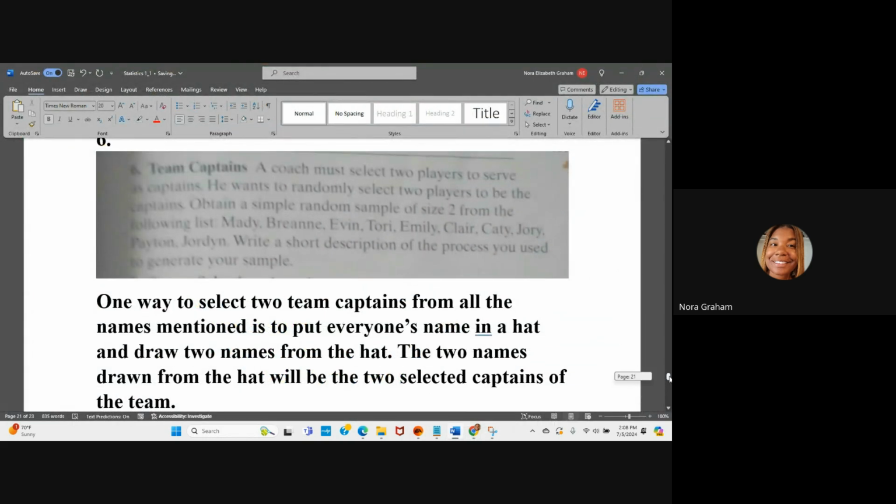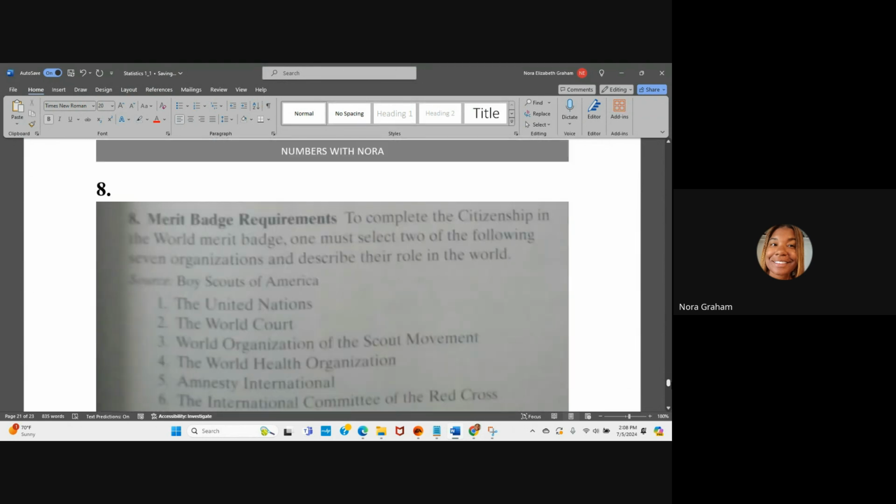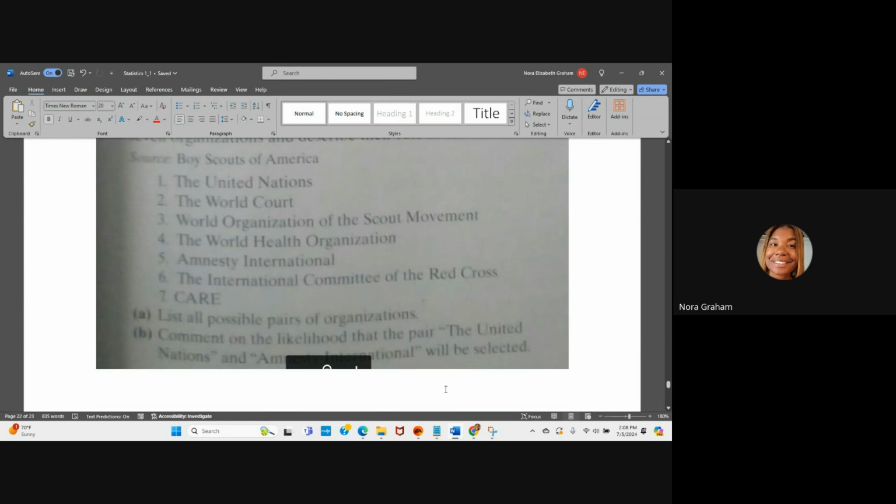All right. And then for 8 is to complete the citizenship in the World Merit Badge. One must select 2 of the following 7 organizations and describe their role in the world. So here's all my 7 organizations. Okay. So A, they want us to list all possible pairs of organizations.